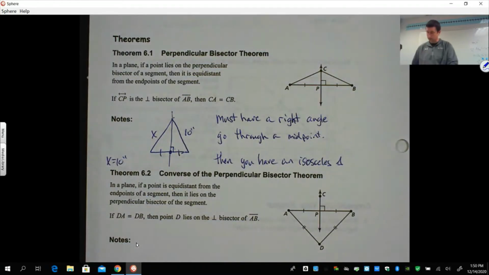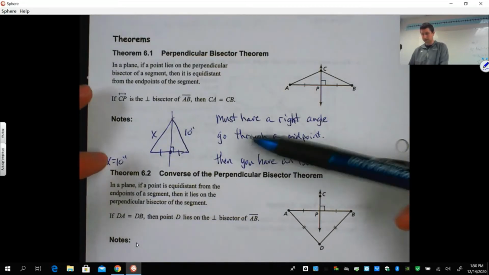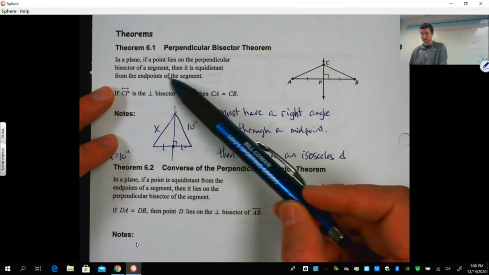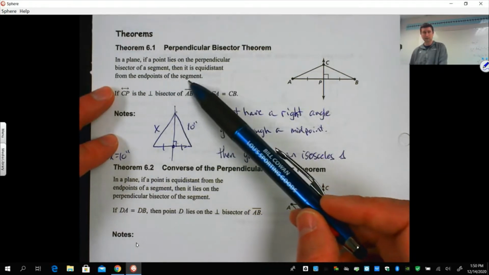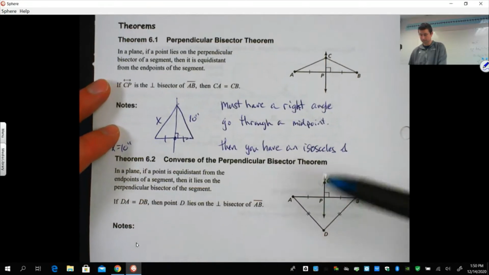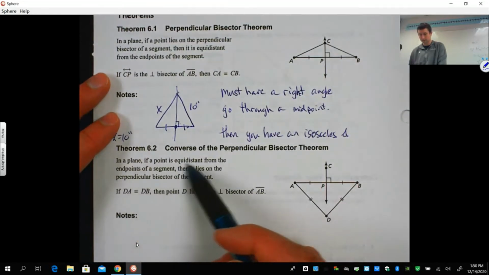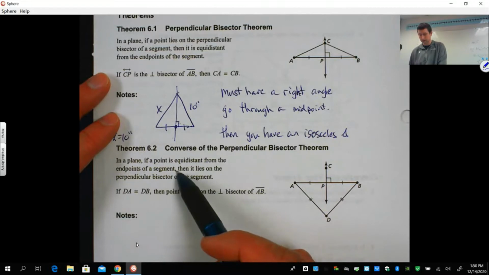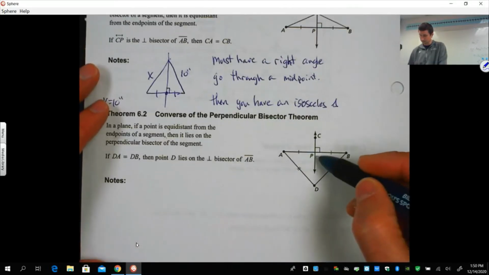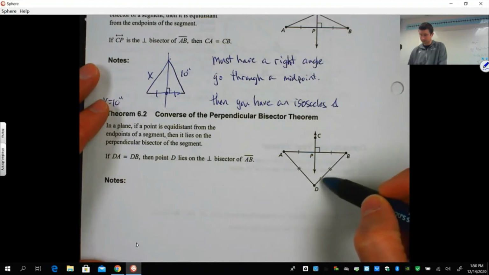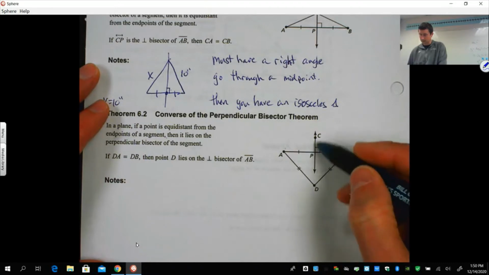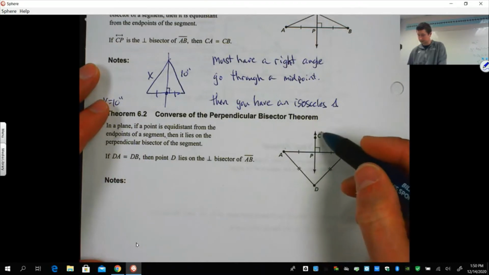Remember, the converse takes the conclusion and makes it into a hypothesis. So if we have a point that is equidistant from the ends of the segment, then the point lies on the perpendicular bisector of the segment. In a plane, if a point is equidistant from the endpoints of a segment, then it lies on the perpendicular bisector of the segment. Since D is the same distance from B as it is from A, it's going to lie on line CP.